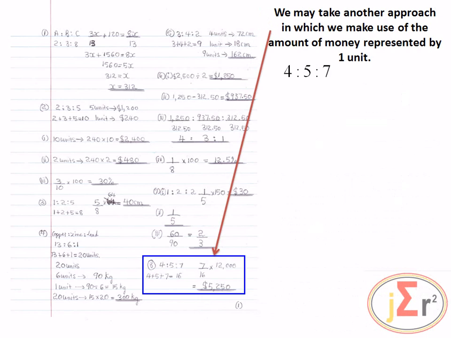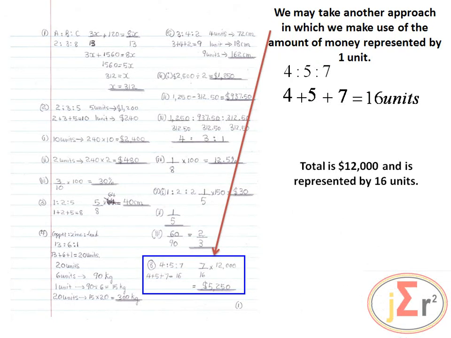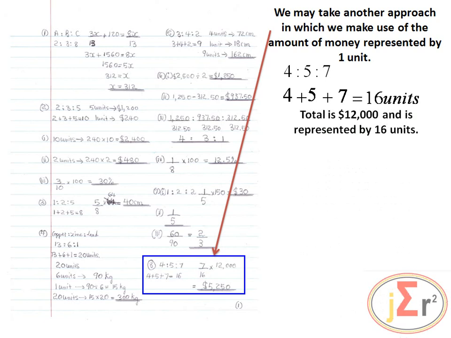We may take another approach in which we make use of the amount of money represented by 1 unit as usual. That is our favorite. So we know that all the units together is a total of 16 units. And the total is $12,000 and is represented by 16 units.